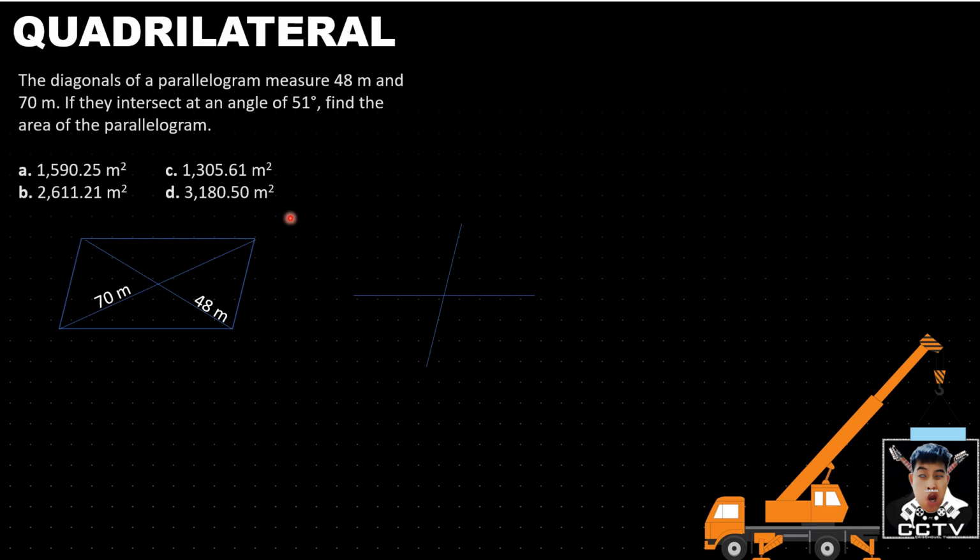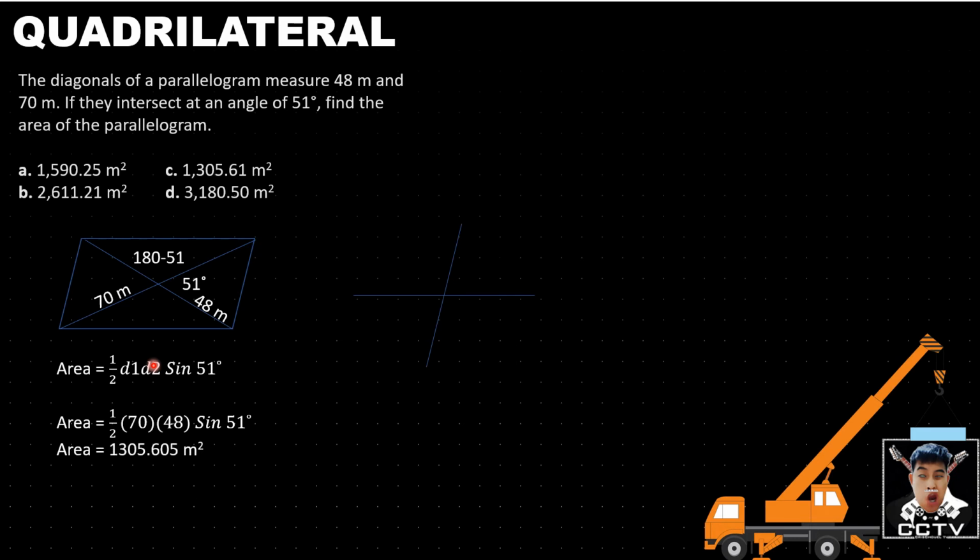Given the two diagonals and their angle of intersection, which is 51 degrees, we can solve. Just substitute diagonal 1 and diagonal 2 here, and you get the area, which is this one.